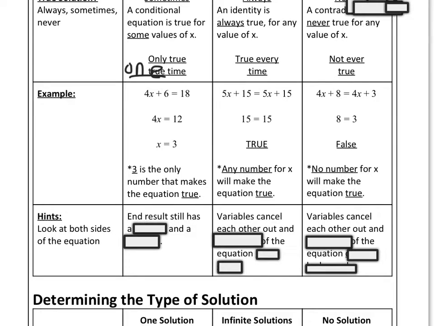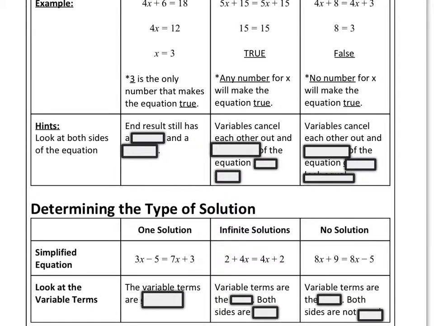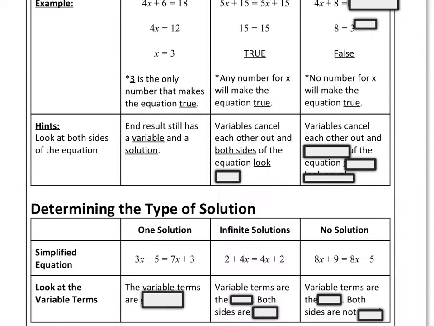Some things to look at when you're looking at both sides of the equation: for one solution, an end result still has a variable and a solution, like that example we saw up here, x equals 3. For infinite solutions, variables cancel each other out, and both sides of the equation look equal, just like that one we had up there, 15 equals 15, or when it's exactly the same on the left and the right.